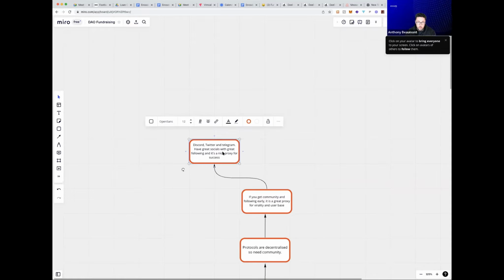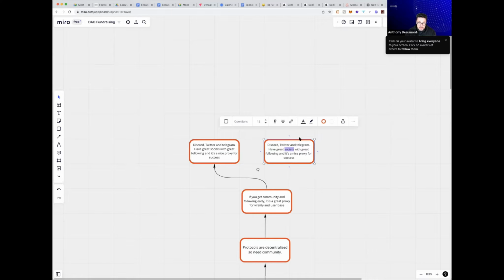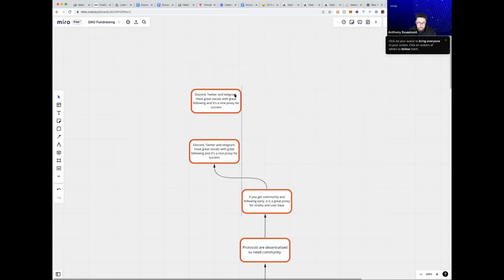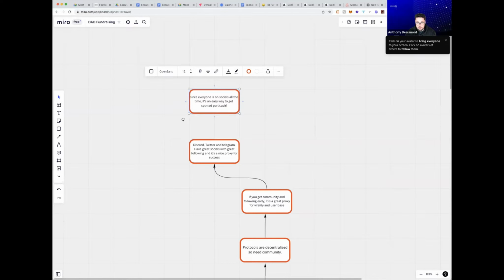But more importantly, since everyone is on socials all the time, it's an easy way to get spotted, particularly if you are active.